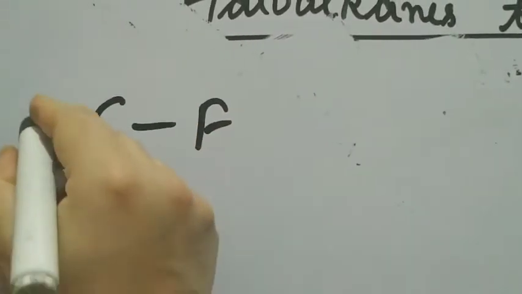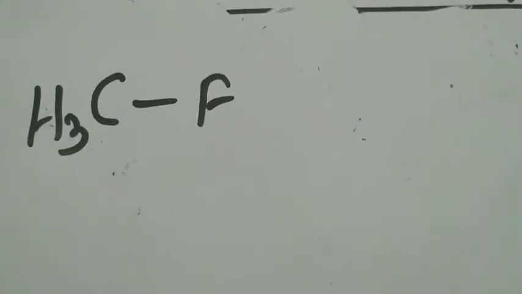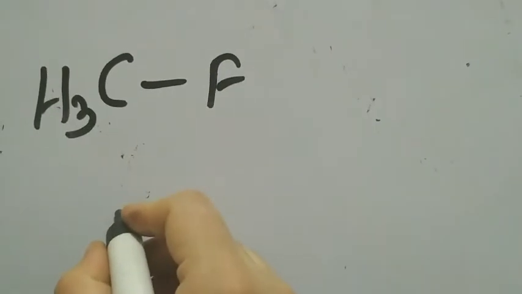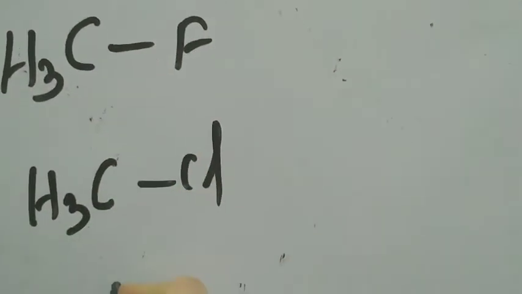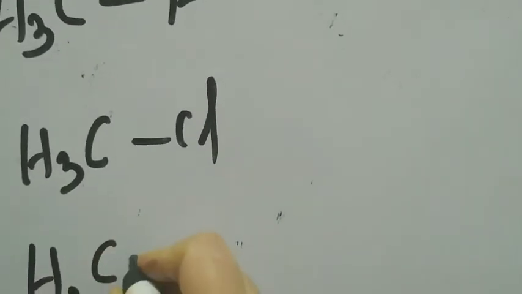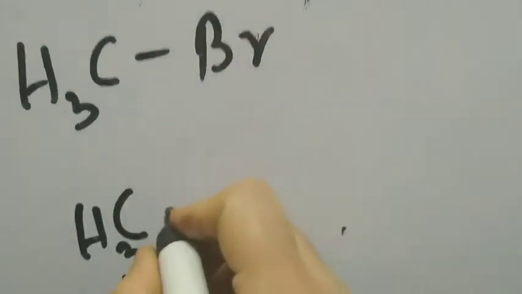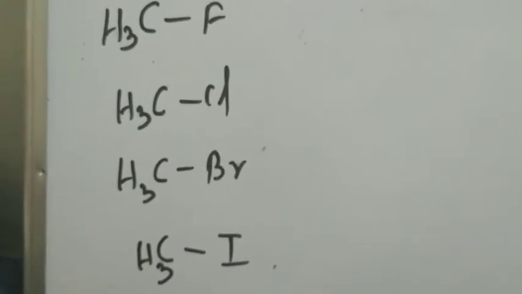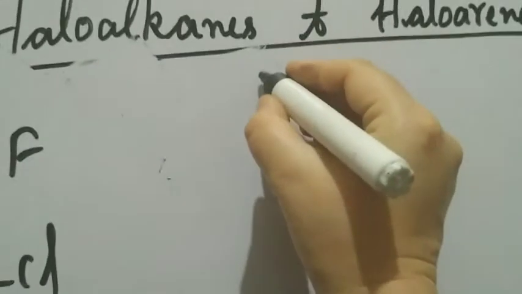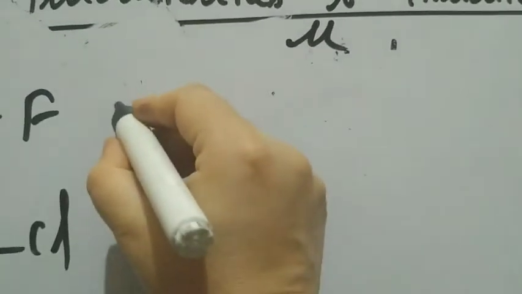We'll take the methane derivatives: fluoromethane, CH3Cl, CH3Br, and CH3I. Fluoromethane, chloromethane, bromomethane, and iodomethane. If we have to write down the values of dipole moment, they are like this.